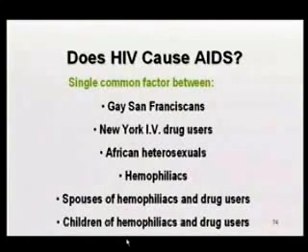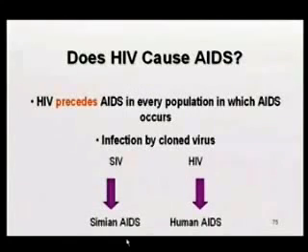That is pretty good evidence that HIV causes AIDS. The spouses of hemophiliacs also get AIDS when they become infected by HIV. Children of hemophiliacs and drug users get AIDS when they become infected by HIV. HIV has preceded AIDS in every population in which AIDS has arisen around the world. Only HIV.